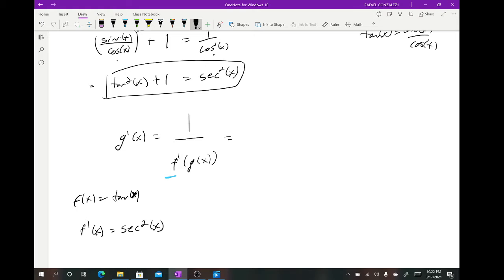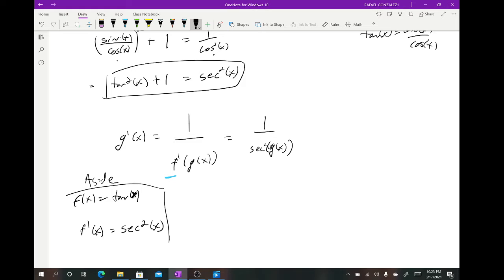So this up here is equal to 1 over secant square x. And instead of x, we're evaluating that at g of x.